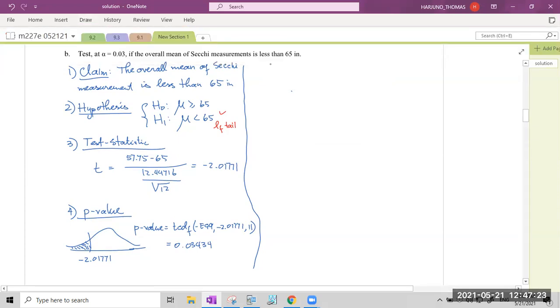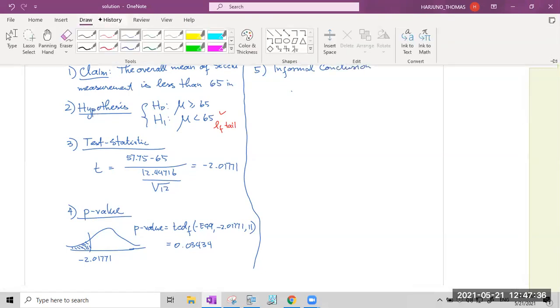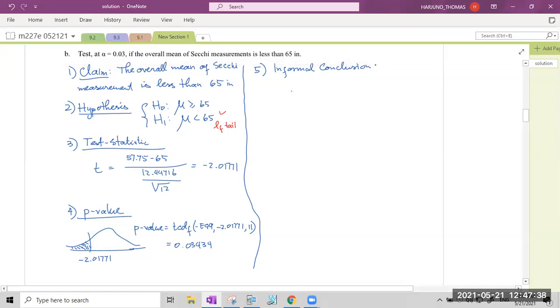So then my step 5, informal conclusion. Fail to reject the null hypothesis. And step 6, conclusion.